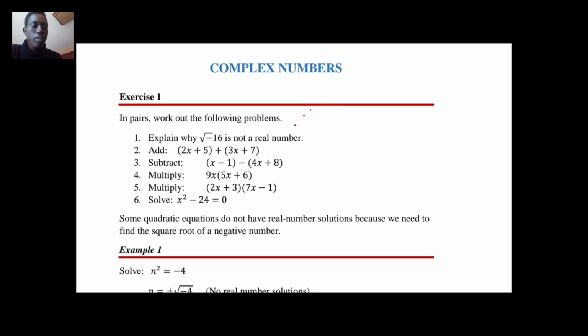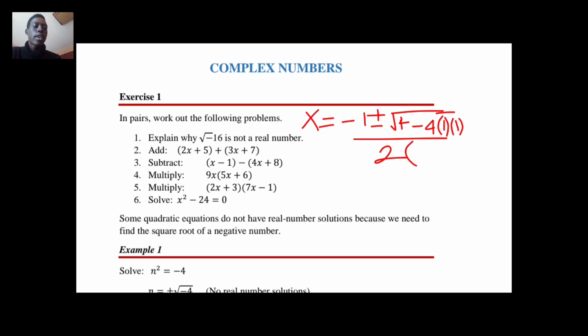X is equal to negative b, which is 1, plus minus root of b squared, which is 1 squared, minus 4 times a, which is 1, and c, which is also 1, divided by 2 times a, which is also 1.